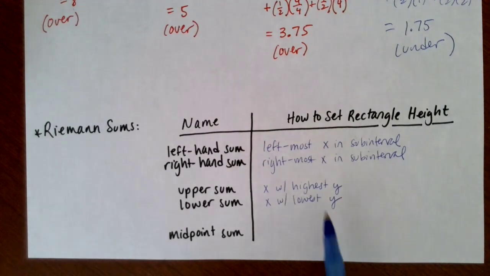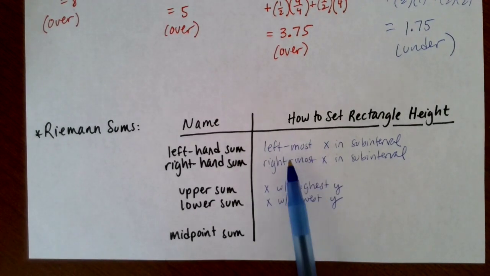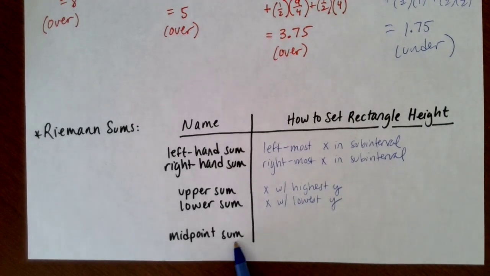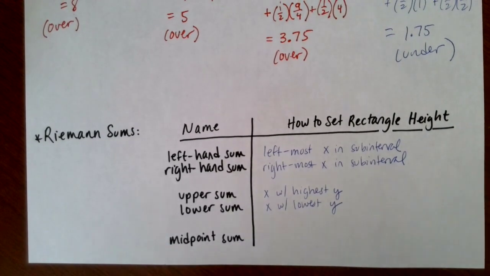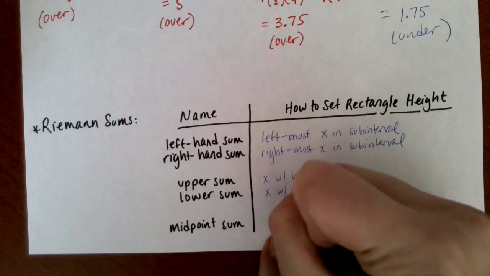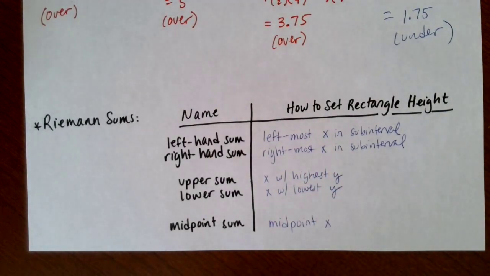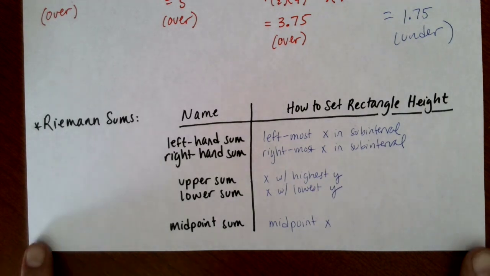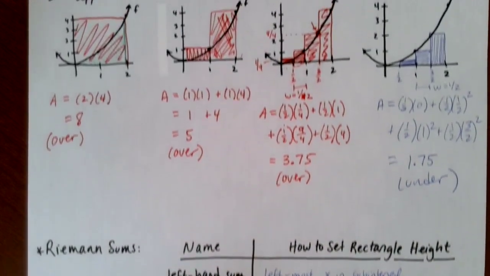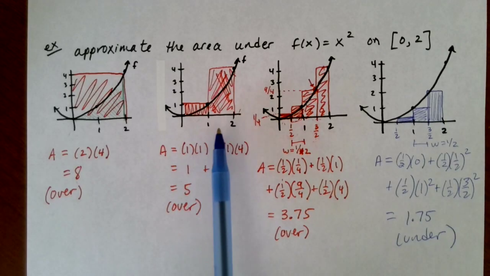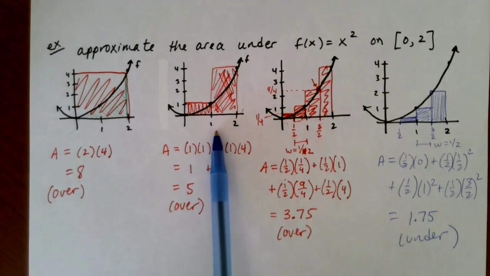All right. The very last type of Riemann sum that we'll cover in this class is called the midpoint sum. So instead of choosing the leftmost x or the rightmost x in your little interval, you're going to pick the one that's exactly halfway. So you're going to use the midpoint x in the subinterval. What that would look like in this previous example, let's look at this one here since the spacing is a little bit better.